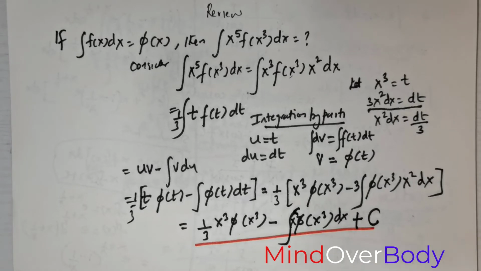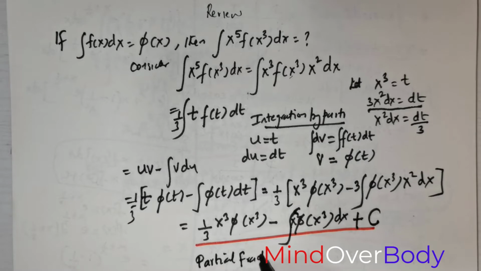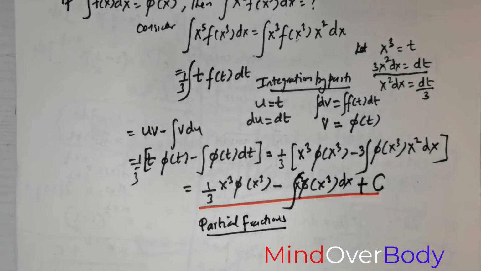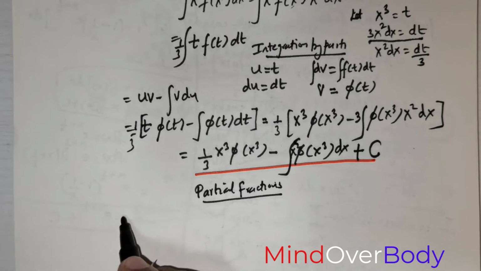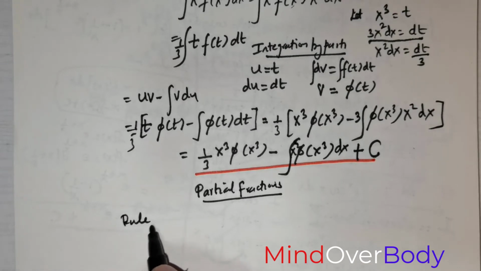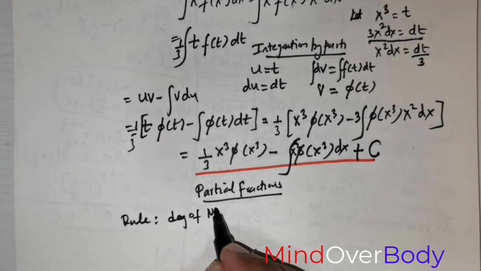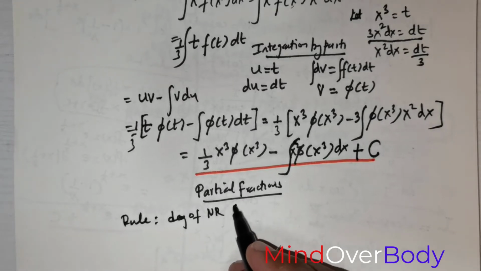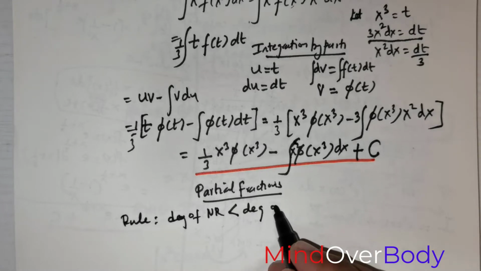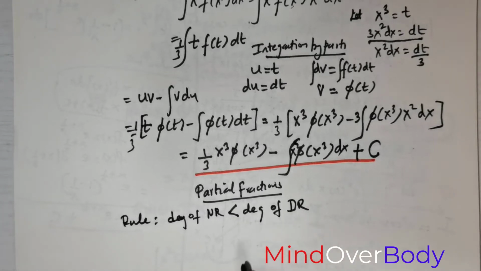In fact, we are going on to the next topic, and the topic is partial fractions. So let's start off by doing questions in partial fractions. The foremost rule to apply partial fractions, let me state it here, is that the degree of the numerator should always be less than the degree of the denominator.